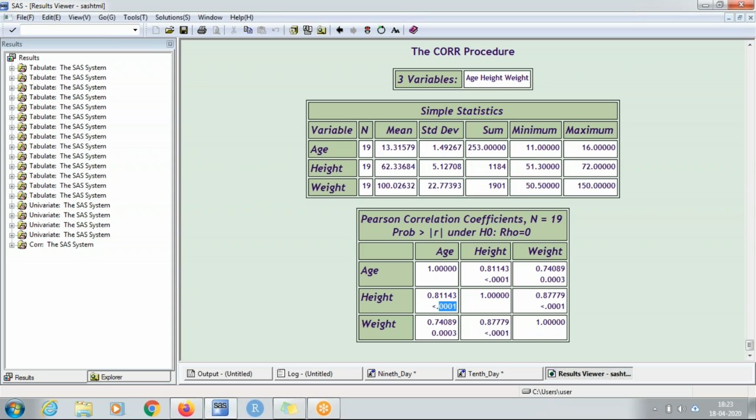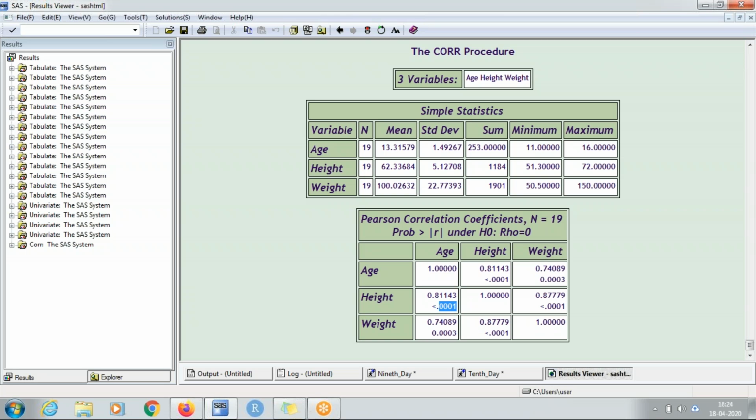अब p वैल्यू क्या है? 0.05 से कम है, तो आप क्या बोलोगे? Reject the null hypothesis, right? So how to remember this? When p is low, null will go. Okay?